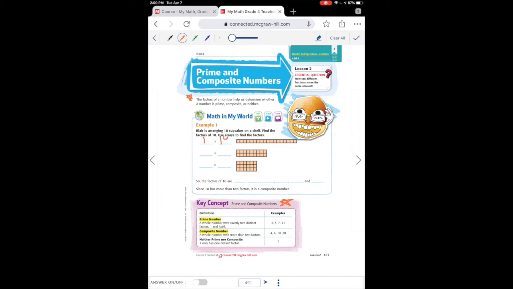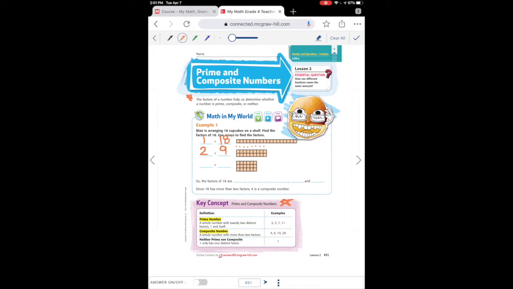So 1 times 18. The second way is that she has 2 rows and 9 columns. If you count all these columns, there are 9. 2 times 9 is 18. Okay?